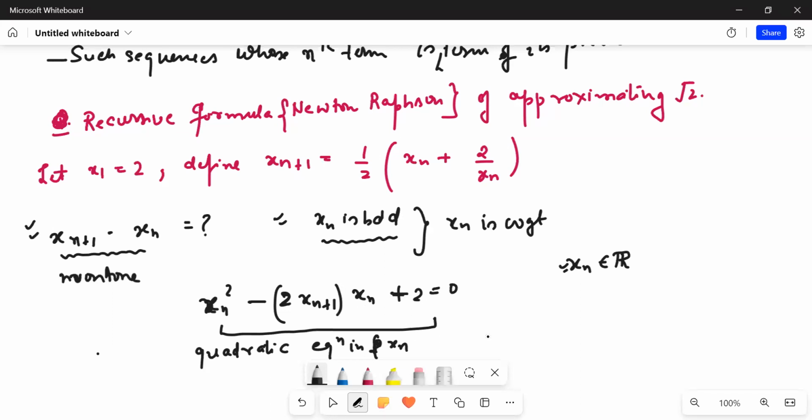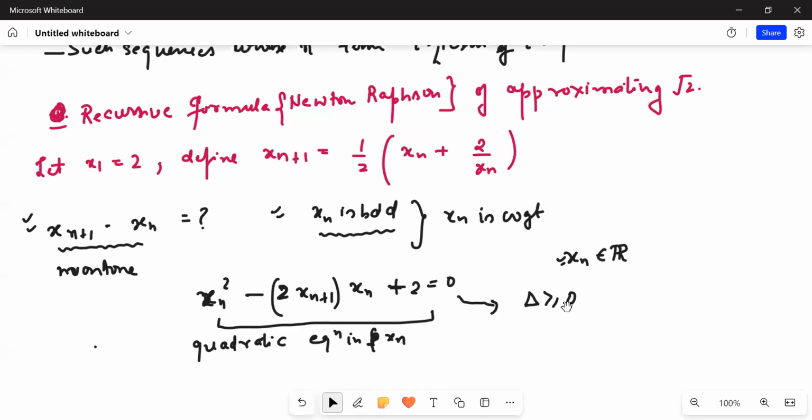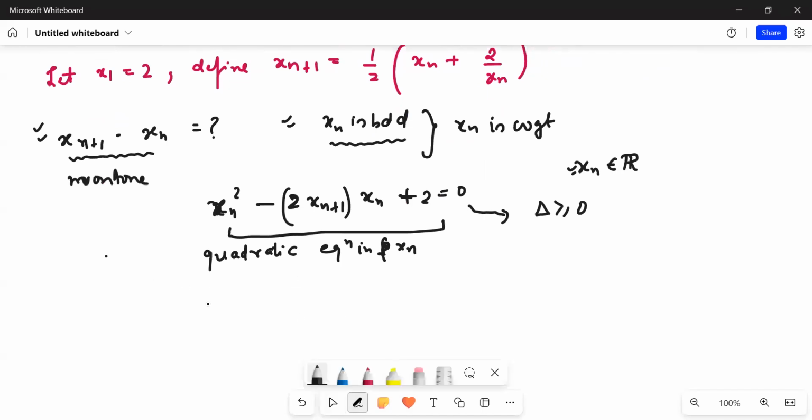If xn belongs to R, then the solutions dictate that my discriminant should be greater than or equal to 0. That implies that 4 times (xn+1) whole square minus 8 must be greater than or equal to 0. From here it's quite evident that (xn+1) whole square is greater than or equal to 2. So I can clearly say that my xn is bounded below.